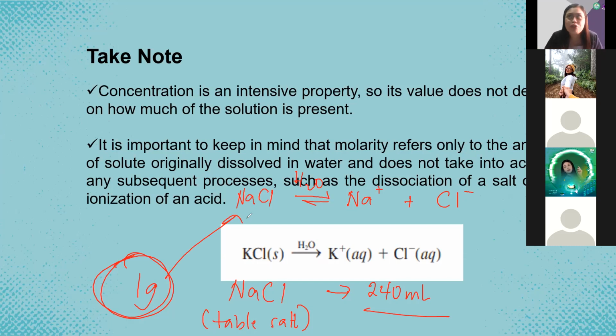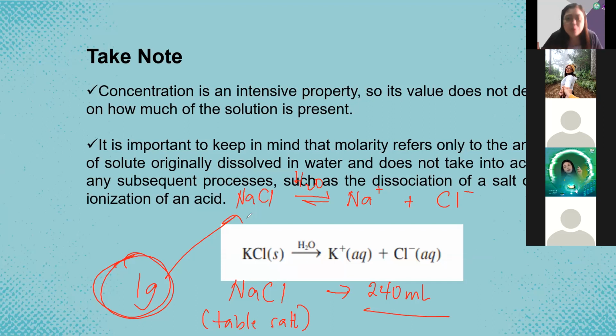So that is true for our electrolytes, right? Yung mga substances natin na nakakaconduct ng electricity, because if you place them in water, they will be separated into ions. So just like the another example on the screen, the potassium chloride. The potassium chloride here is also a salt, and it's also an electrolyte. So if you place that in water, it will also undergo dissociation.